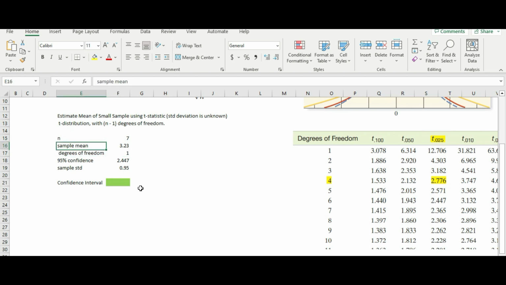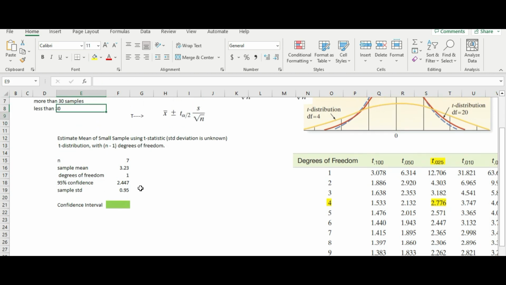In this example, the sample mean is 3.23 and the sample standard deviation is 0.95. Now, how do we estimate the population mean from this small sample using the t-value?